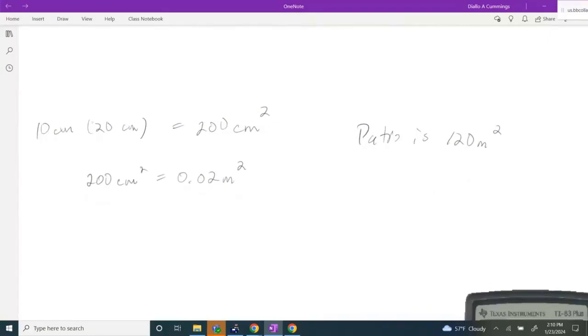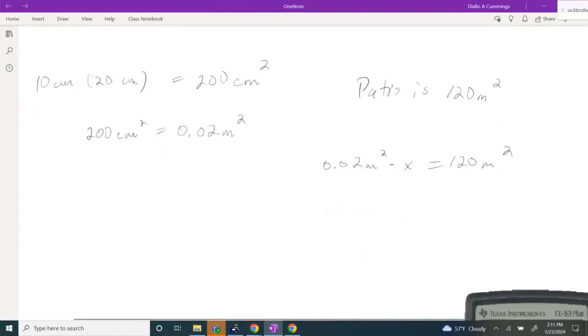Then I set up an equation: 0.02 square meters times what will give me 120 square meters. I divided both sides by 0.02. My way might be a little more mathematical.